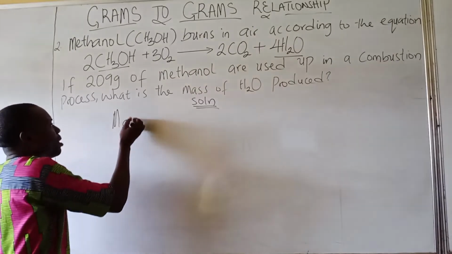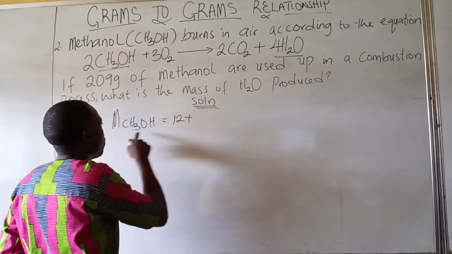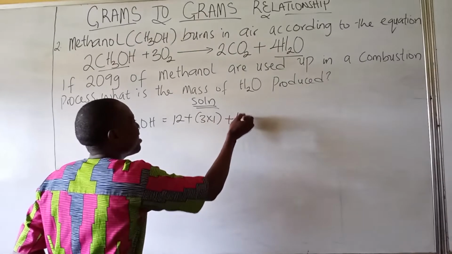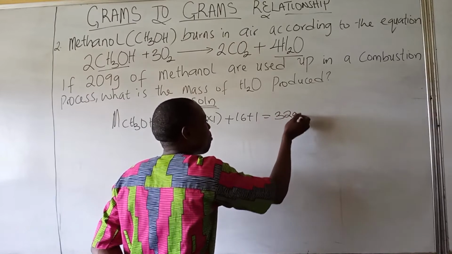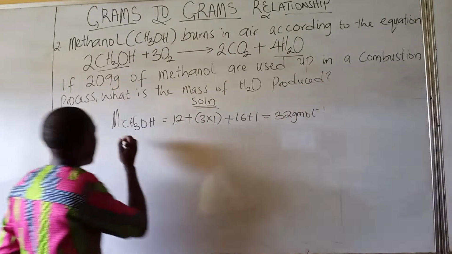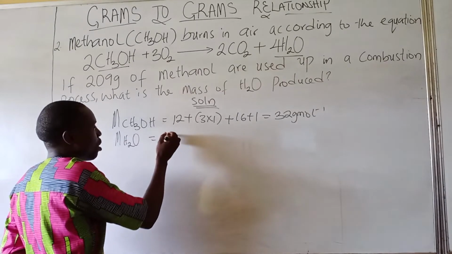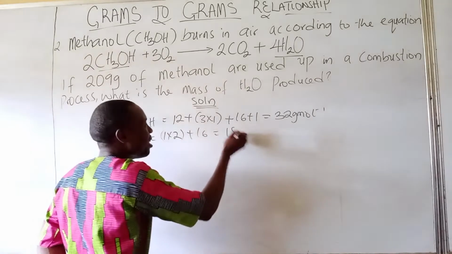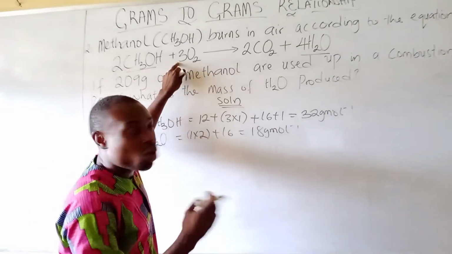The molar mass of methanol is 12 plus 3 times 1 plus 16 plus 1, altogether giving 32 gram per mole. The molar mass of H2O is 1 times 2 plus 16, which gives 18 gram per mole. Then we relate them from the equation.